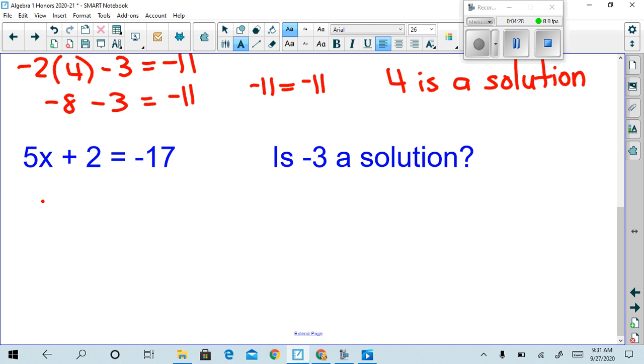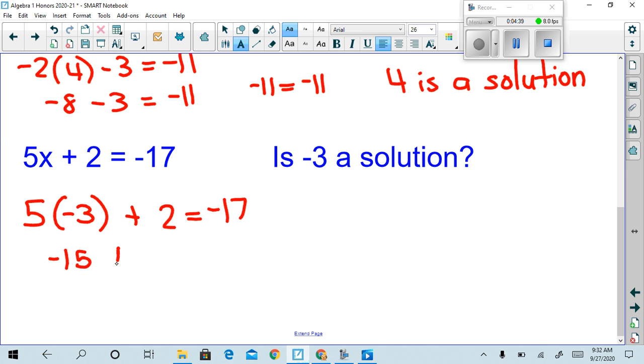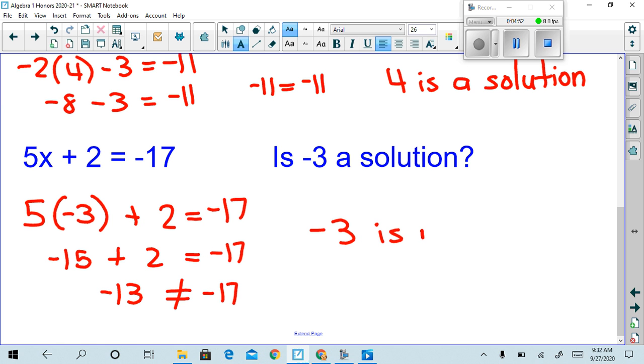Take the x and replace it with the given value. This time the given value is -3. You're going to simplify using your order of operations. I get -13, which does not equal -17. So I would say that -3 is not a solution.